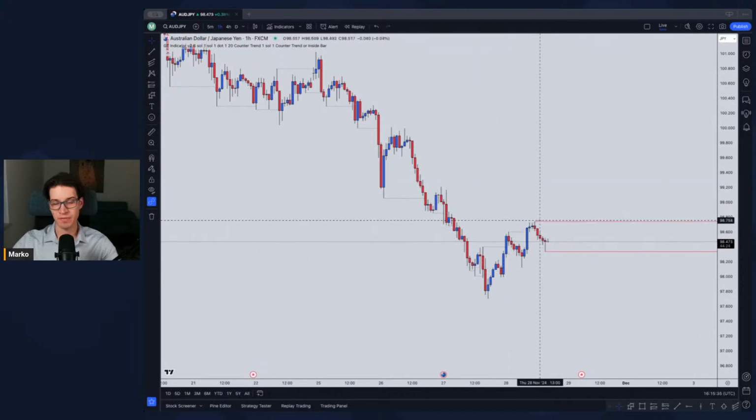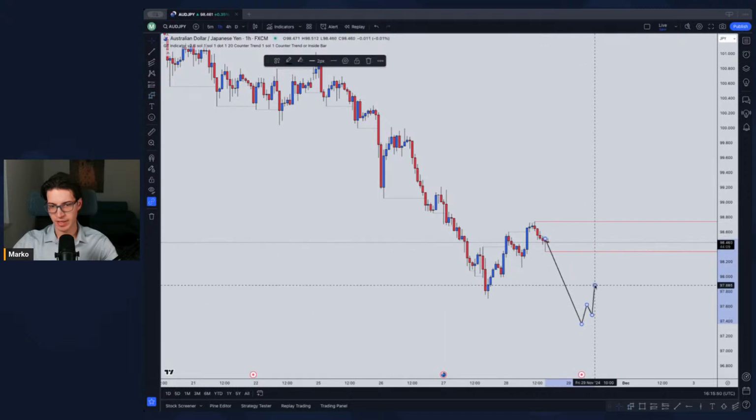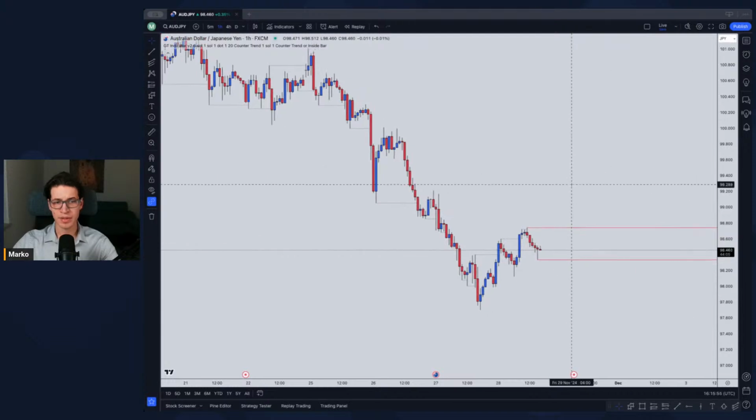So not the best if you want to take trades, but at least it's moving. And it can pretty quickly clean up, print a large push up, look for buys, or push down and then look for sells. So it can clean up quite quickly. The most important part is that it is moving and that it is trending.